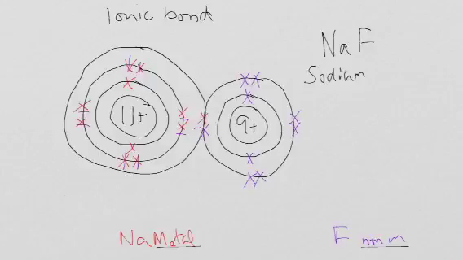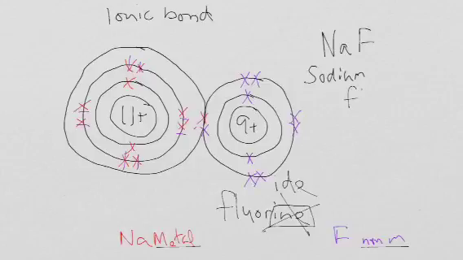The ending of the non-metal gets changed to -ide. So instead of fluorine, we change this to -ide. So it becomes sodium fluoride.